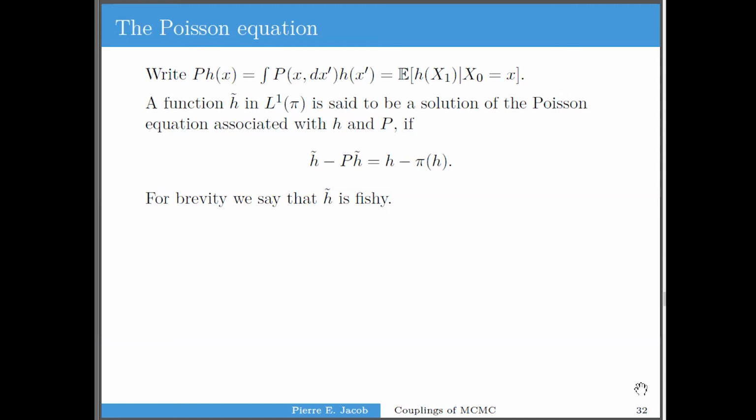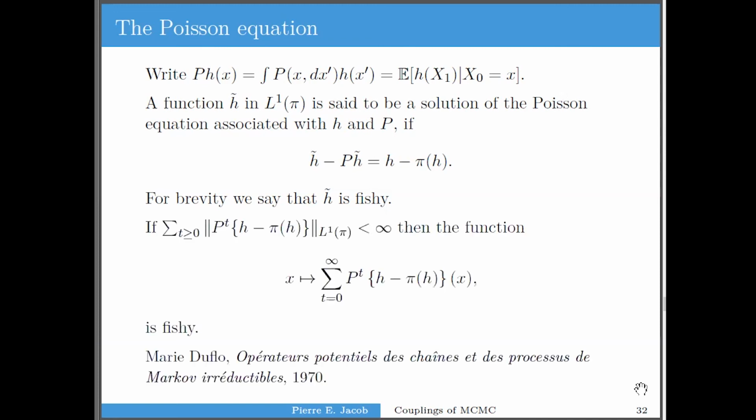Instead of saying h tilde is a solution of the Poisson equation associated with h and P, we just say that h tilde is fishy. Under the summability condition, this function, for example, is fishy, and that is reasonably easy to check once you're given the form of it.